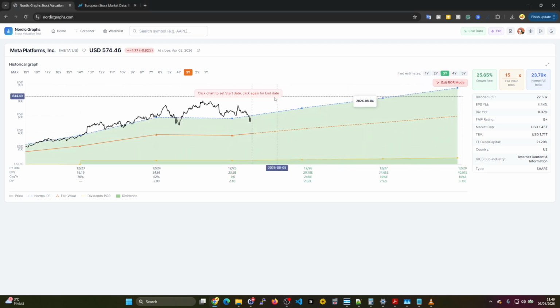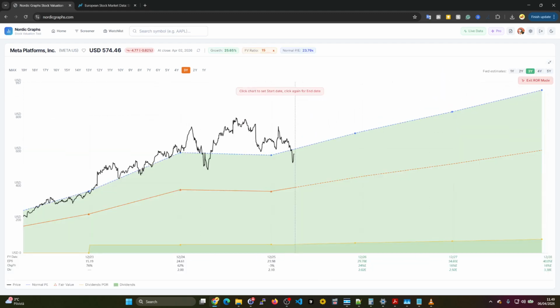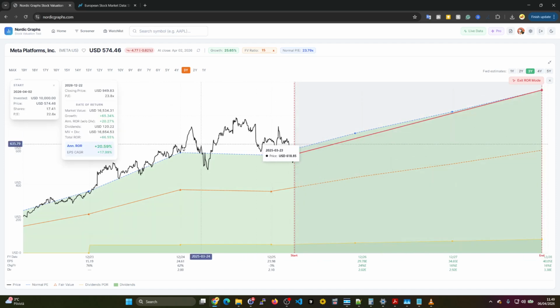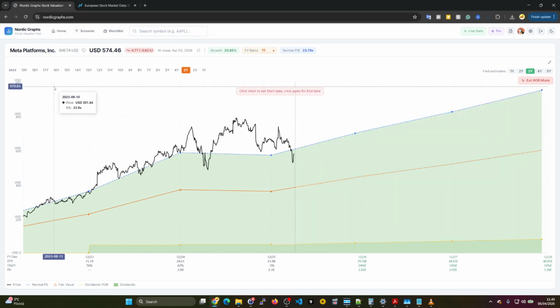Maybe we can shorten the time span a bit and also zoom out the graph to see a bit more. Even now, it might not be a bad time to buy if you believe that this normal PE of around 24 makes sense. You would get an annualized return of over 20%, so that's quite nice.